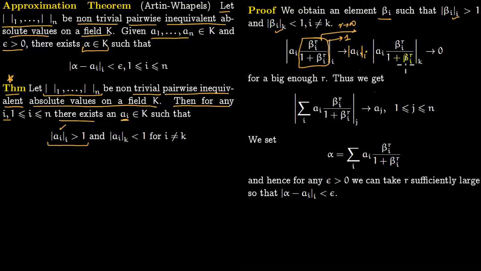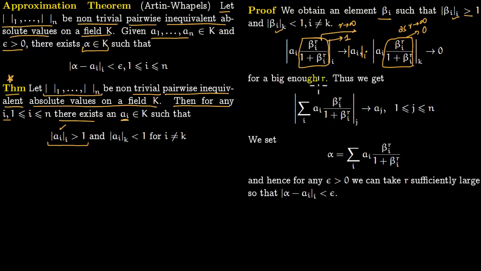Really it doesn't matter. This is for greater than 1 because you had i inside and i outside, but now you have i inside and k outside, so this is less than 1. So this fraction would go to 0 as r goes to infinity, and this entire thing will go to 0.